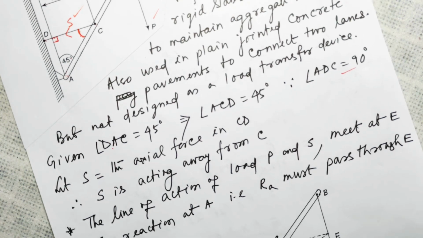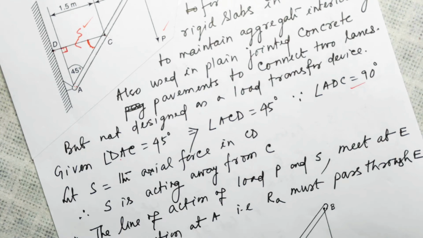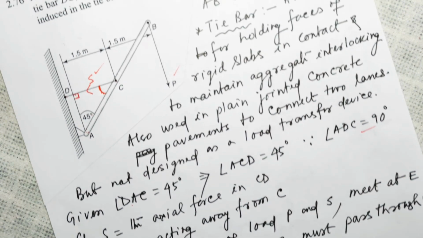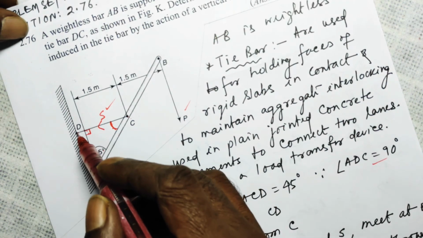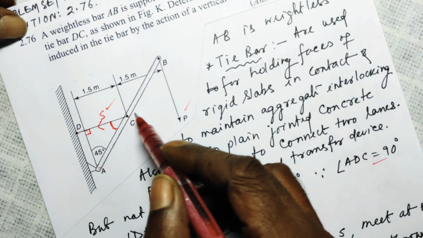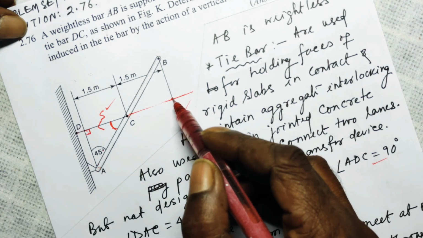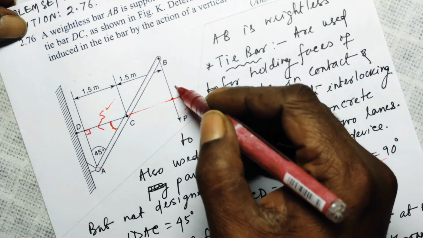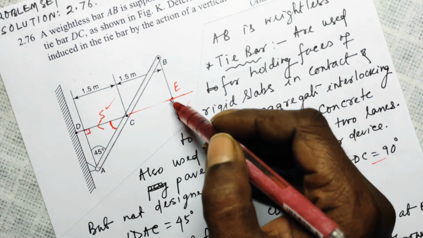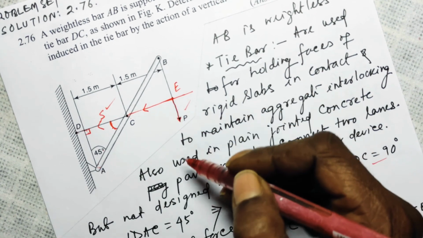Now, as I have told you before, you have to first find out the point of concurrence of two forces. So if you produce this line of action of the axial force S towards this side, it will meet at this point. Let this point be E. So from this point, S is acting to this side, P is acting to this side.